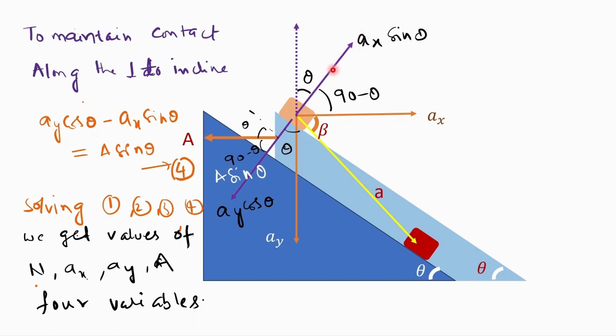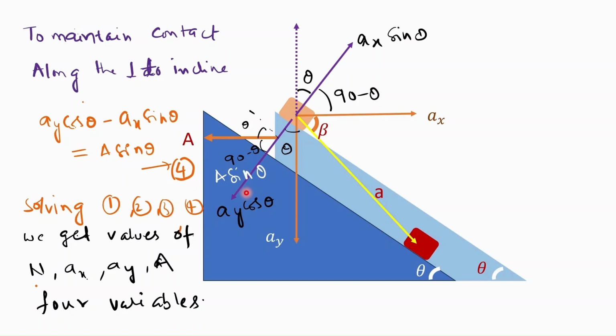The acceleration of the block normal to the inclined can be written as Ay cos theta minus Ax sin theta, which is equal to acceleration of this wedge normal to the inclined, that is A sin theta. Solving equations 1, 2, 3, 4, we will get the 4 unknowns.